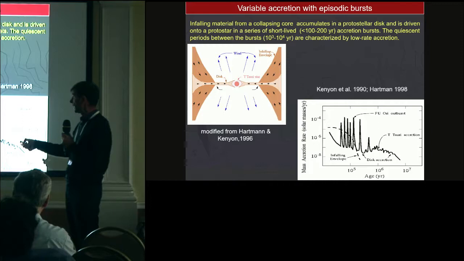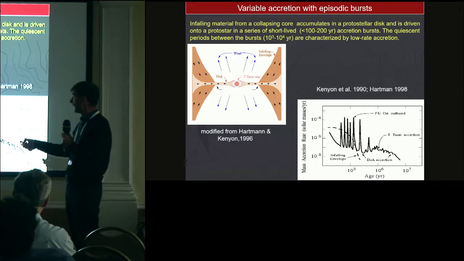If the cooling rate is faster, the disk fragments, and then these clumps can migrate onto the star and produce outbursts.